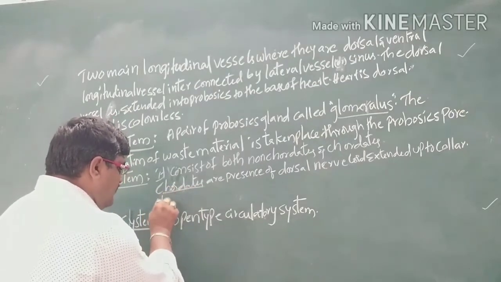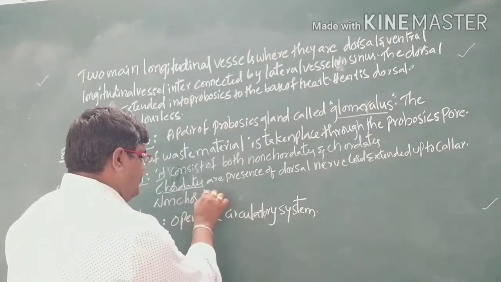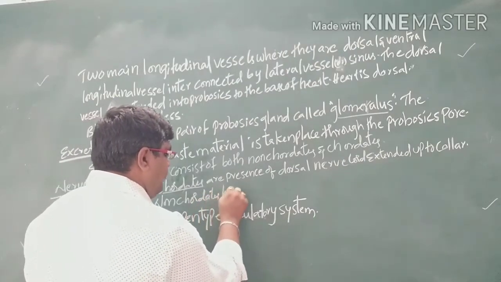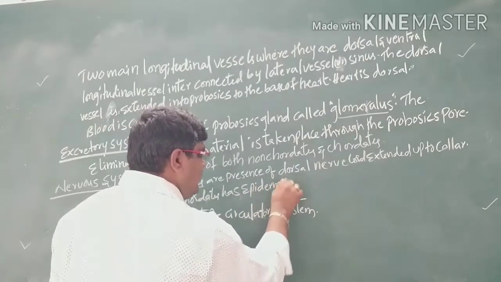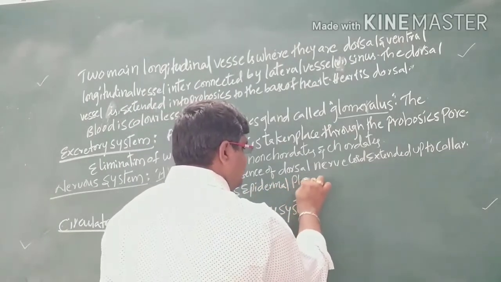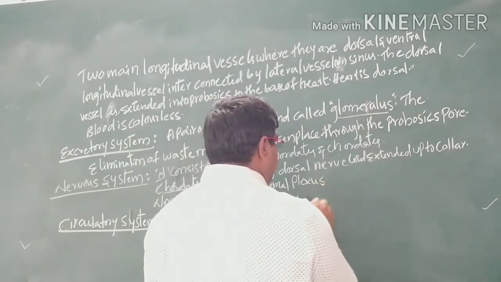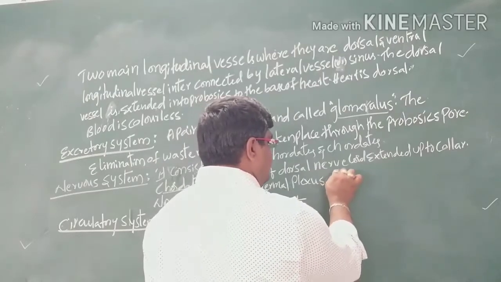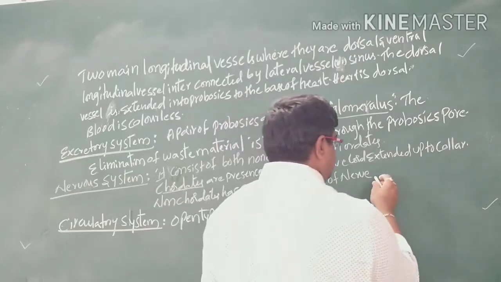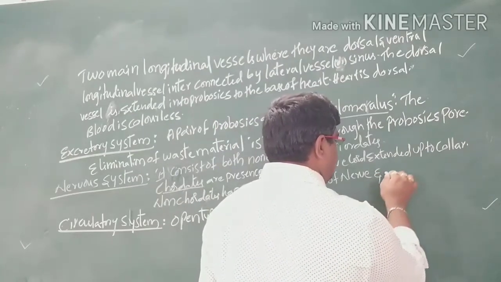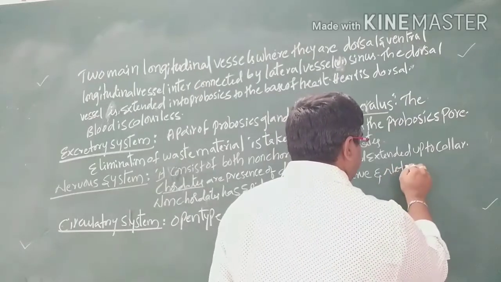In non-chordates we have an epidermal plexus of nerves and nerve cords, a network of nerves.